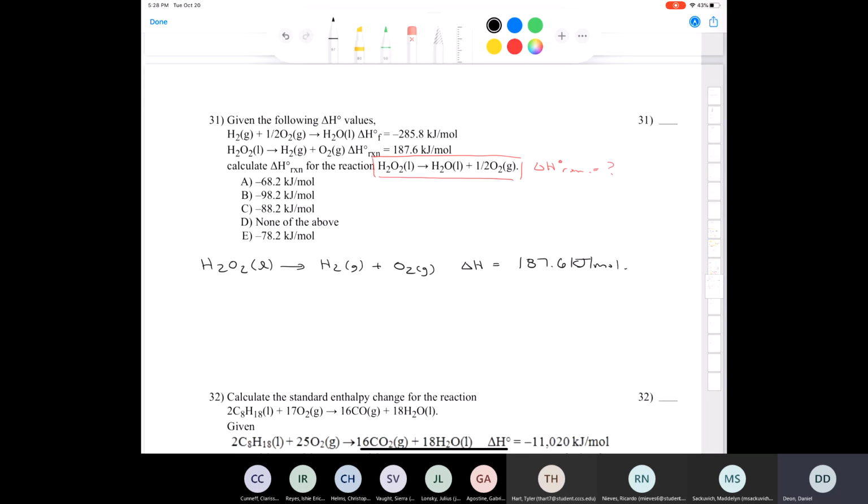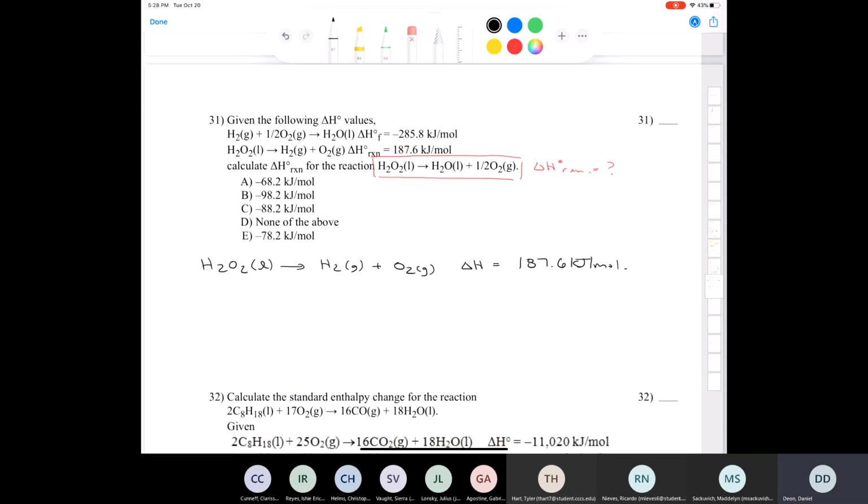Now, what am I looking for? I want to have 1/2 mole of oxygen on the other side, and I've got to have hydrogen on the other side as a product. And so how am I going to manipulate the second equation? Well, it turns out that I actually don't have to manipulate the second equation, do I? Let me see here.